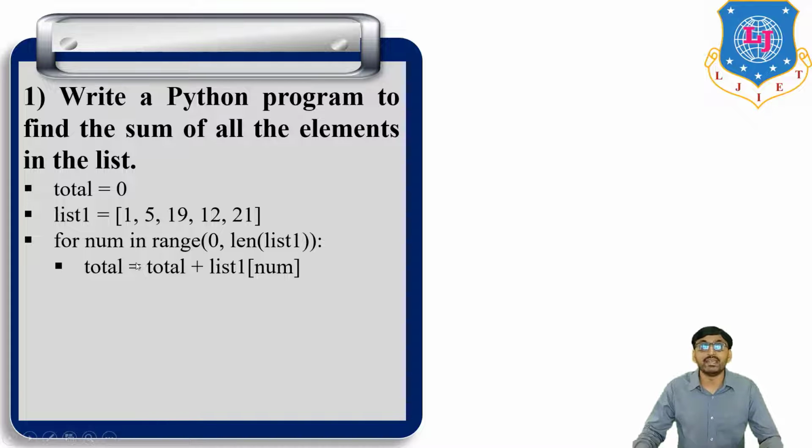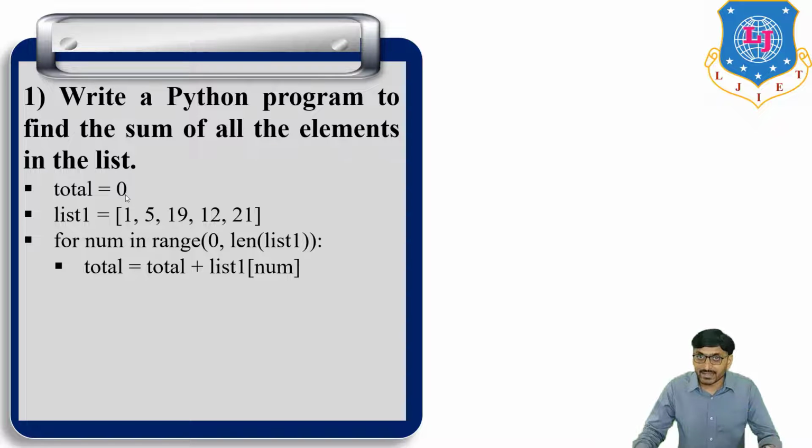Now the second iteration. In the first iteration number is 0, in the second iteration number is equal to 1. So here total is equal to total plus list1[number]. Now here total, not this 0; the total equal to 0 is used in the first iteration only.